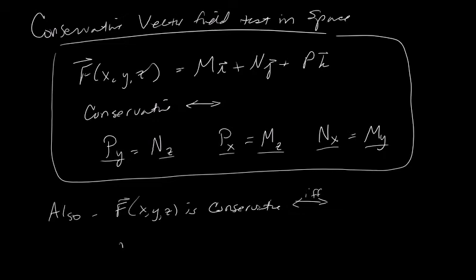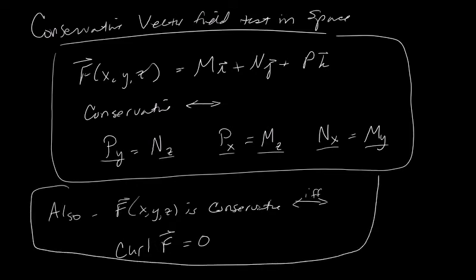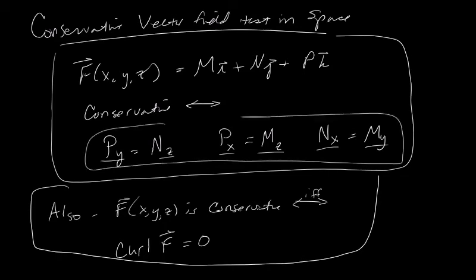Now we haven't talked about that yet. We're going to talk about that in just a moment. Curl of f is equal to 0. Okay, so this is a nice little caveat, so we don't have to check every single thing. We can just check the curl. It's basically the same thing as saying these partials match, because the curl is defined by the difference between these partial derivatives.